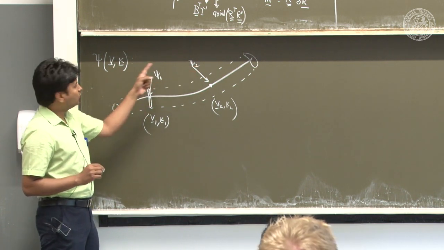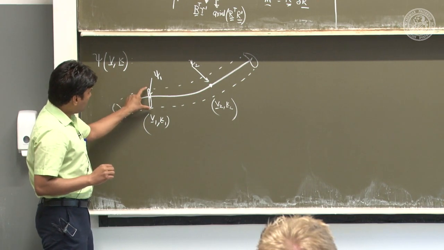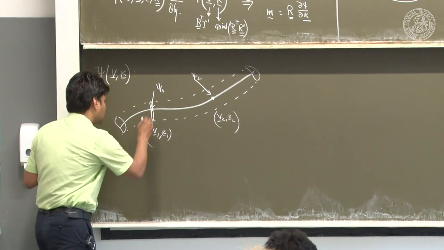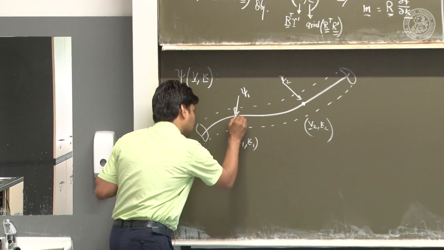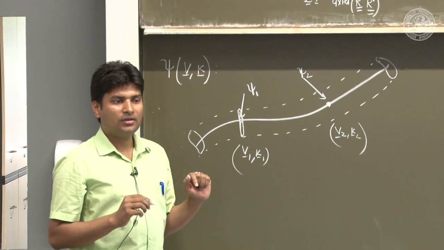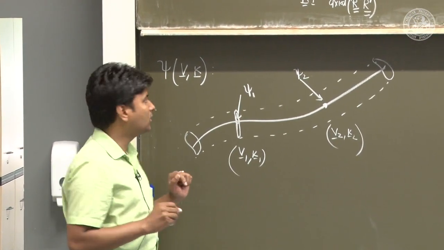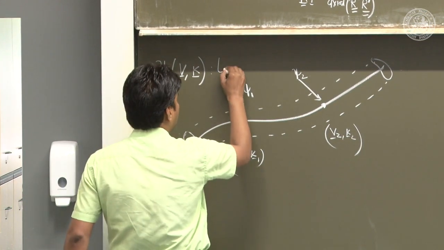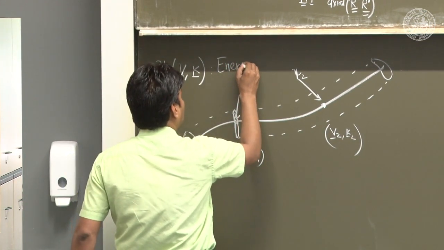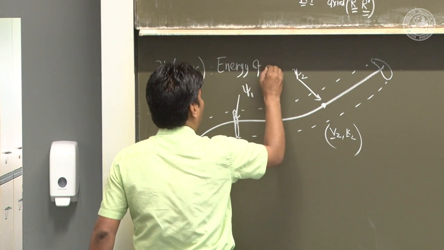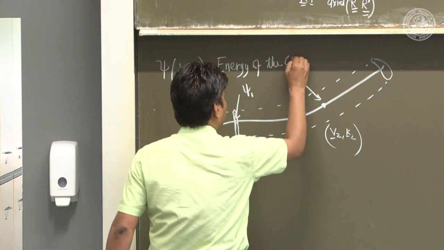So, this must be the energy of the cross section associated with a point over here.